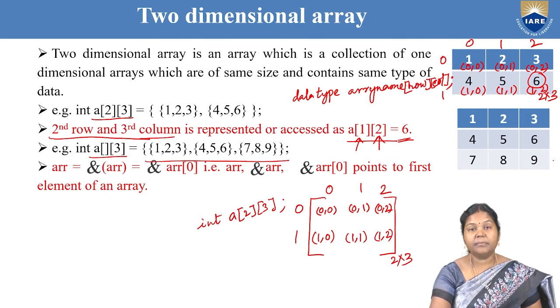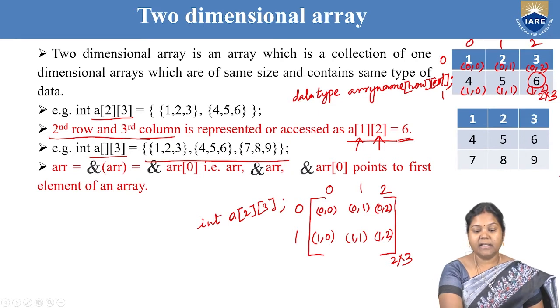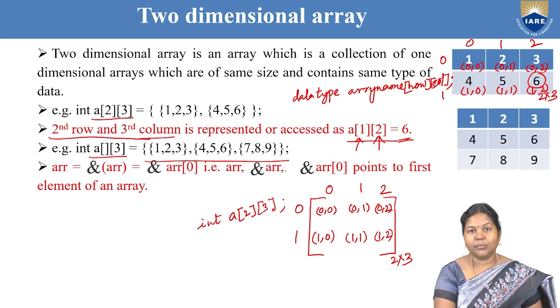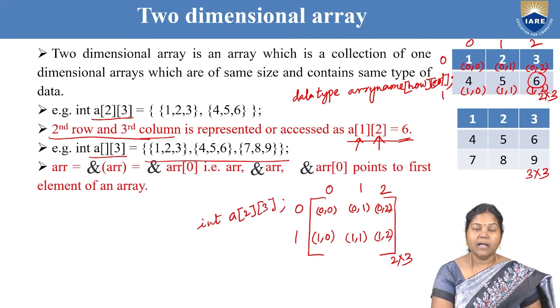How many data elements are there? 9 data elements and 3 groups, each one called a row. So, automatically the compiler decides that it is a 3 by 3 matrix, or 3 rows and 3 columns. If you do not mention the size but have initialized the values, then from the array initialization, it will automatically decide how many rows and columns there are.